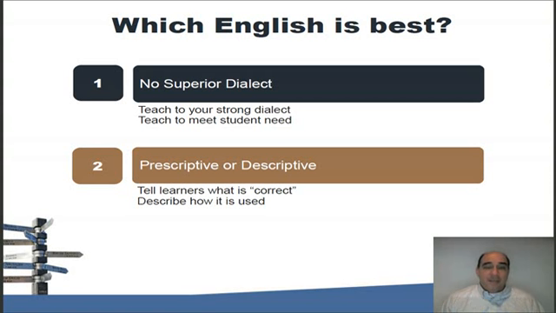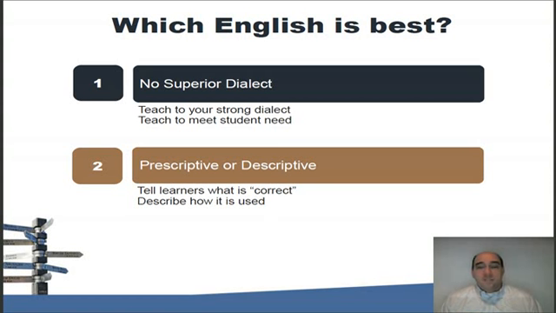Do you want them to go to school or go to work in a British system? Well, then you better be teaching them British English. Do you want them to be going to Australia? Well, then maybe you want them to have some sort of Australian dialect or Australian vocabularies. I mean, obviously there is much overlap, but there are also differences. But there is no superior, there's no right or wrong.